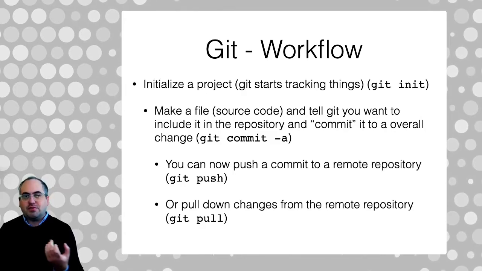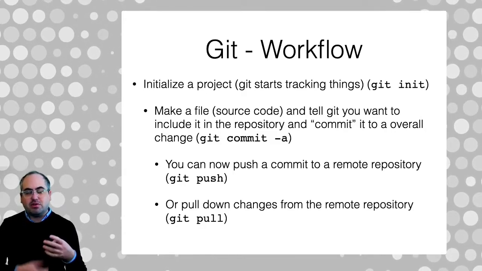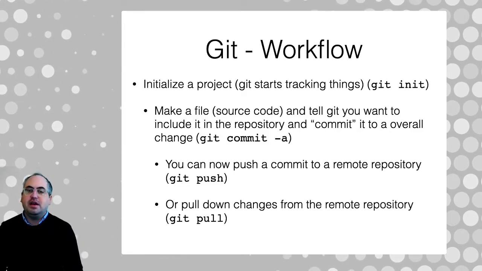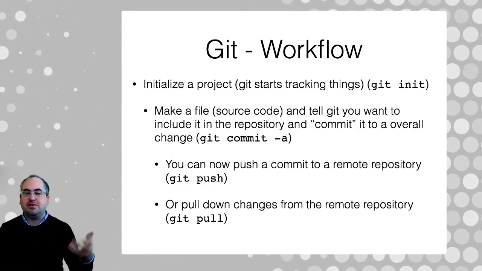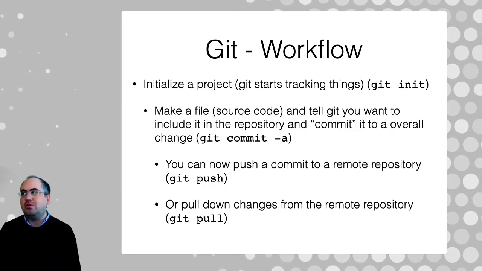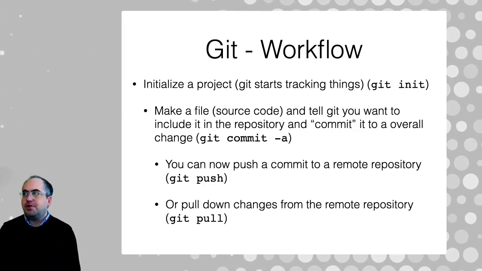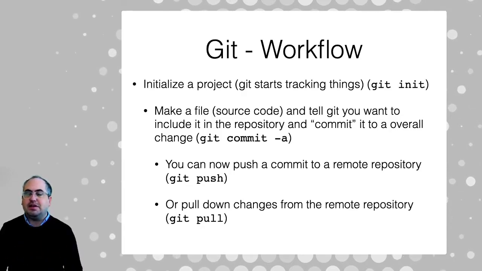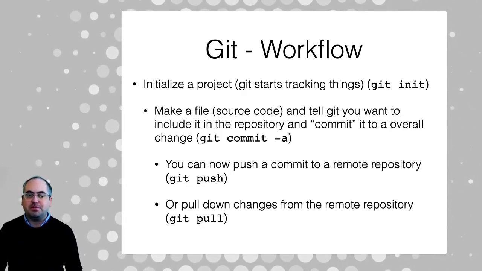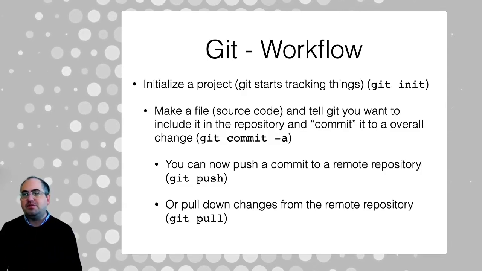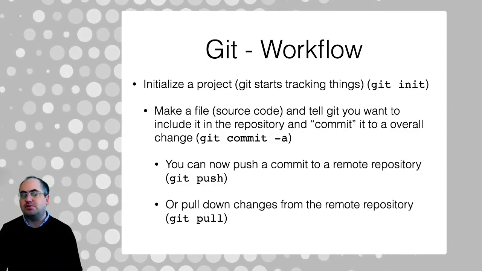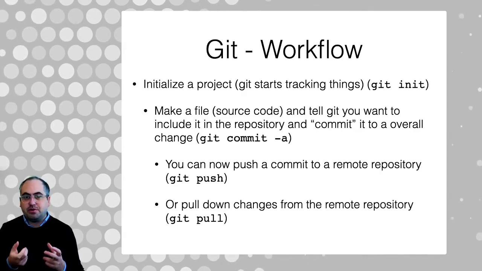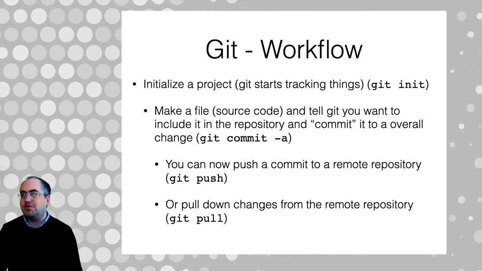So this is just software running on your computer, and it makes a little database for a specific directory and all of its contents. And then it keeps track of all that history as you change those files as you go along. So basically, it will be a program that you'll install on your computer, and in your terminal, you'll be able to use these Git commands to do various actions to modify and change what's actually in your Git repository for that project.